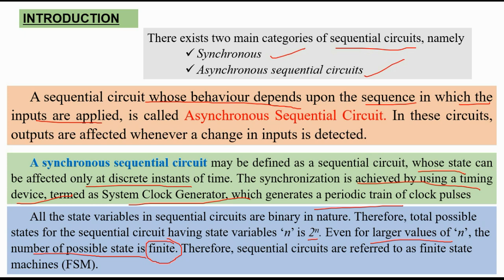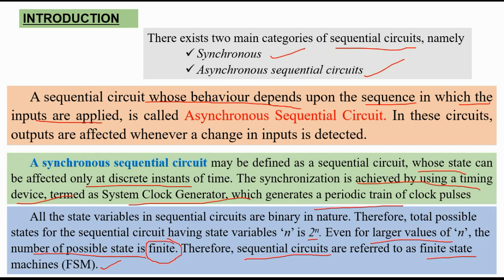So if n is discrete, it's finite. Automatically, the possible states in a sequential machine are also finite. Therefore, sequential circuits are referred to as a finite state machine, which can be shortened to FSM.